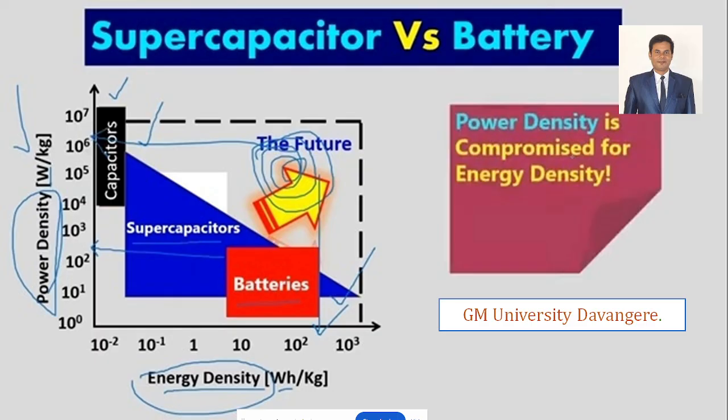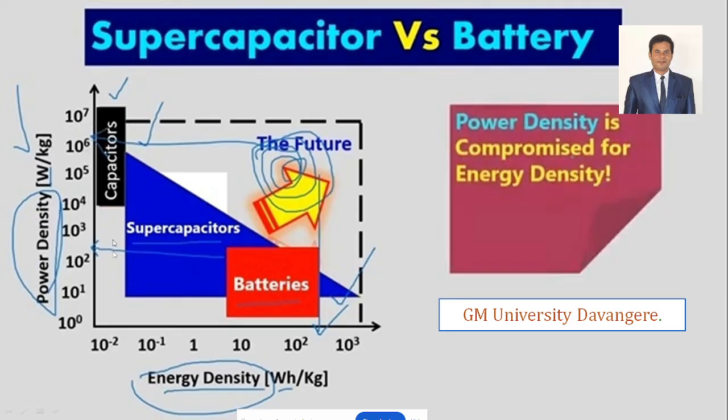If you go for the capacitors, especially in grid stabilization, we are going to make the grid more stable. So we switch in the capacitor to improve the power quality for grid stabilization. During that time, when you switch over to the capacitors, the power density will be high and we have to compromise with the energy density only. The power will be more dominating when compared with the energy density.